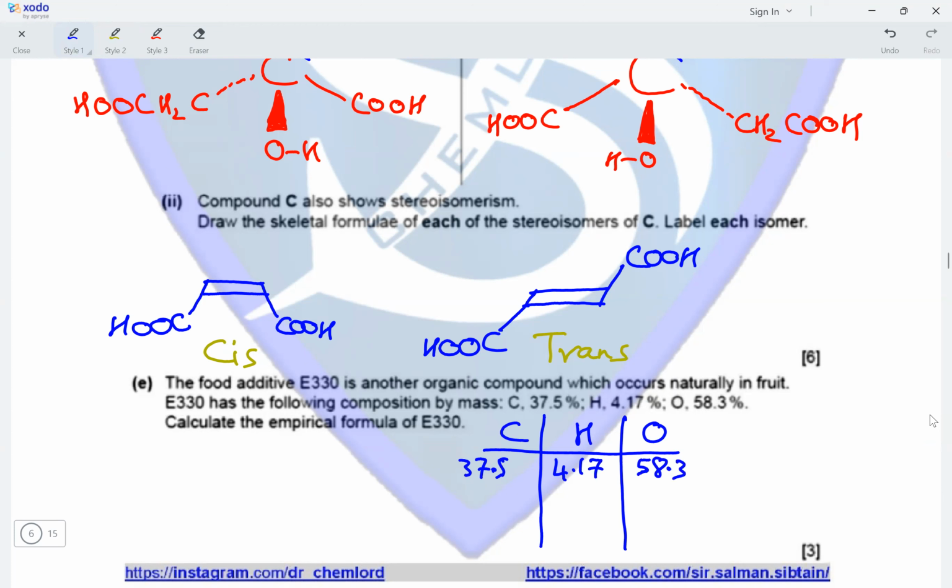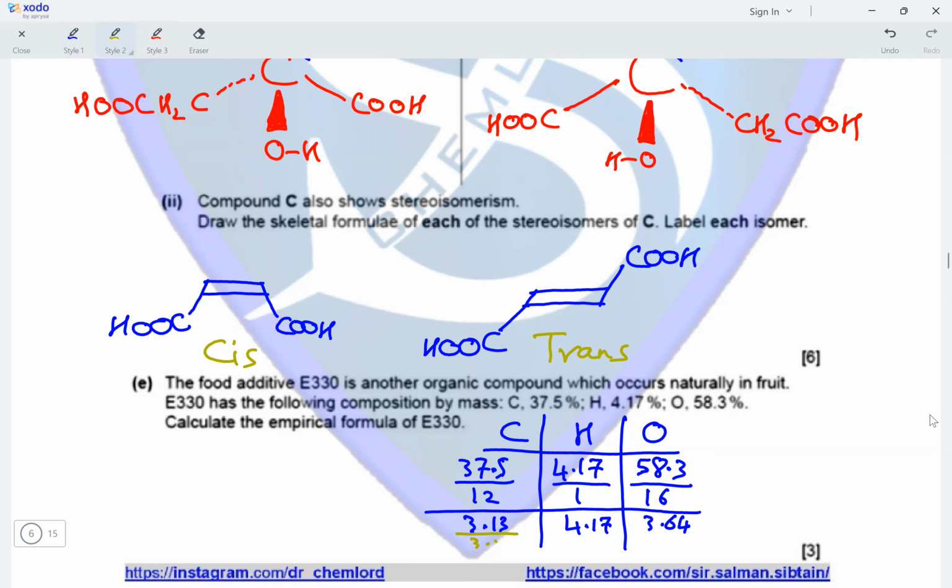So first we divide these by their Ar values, which is 12, 1, and 16, which gives us a value of 3.13 for carbon, 4.17 for hydrogen, and 3.64 for oxygen. Now we divide them by the smallest number out of these three, which would be 3.13.